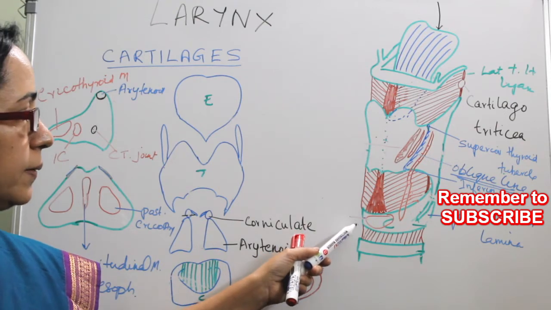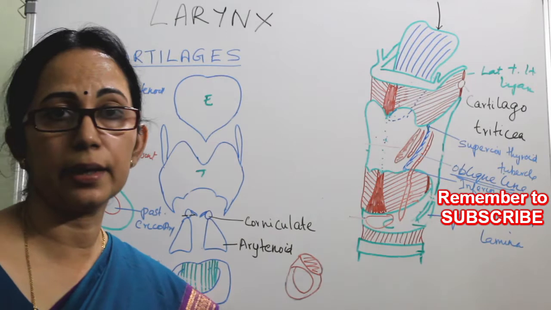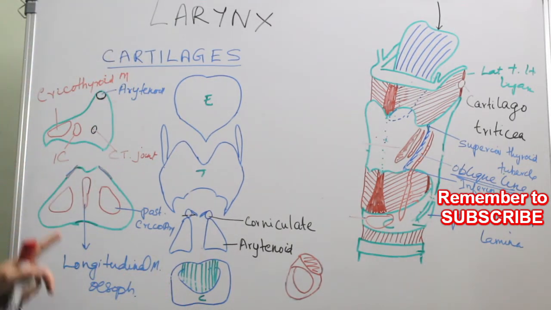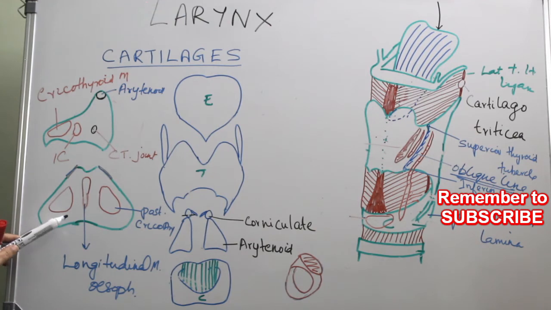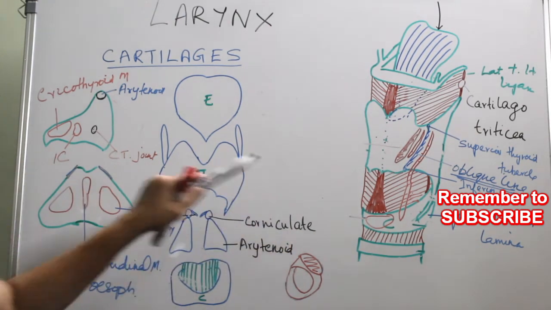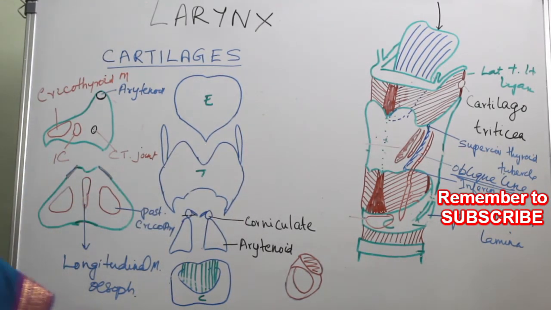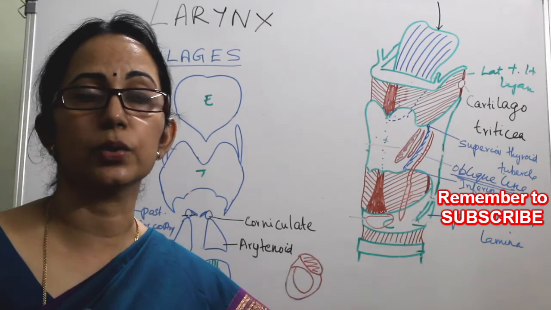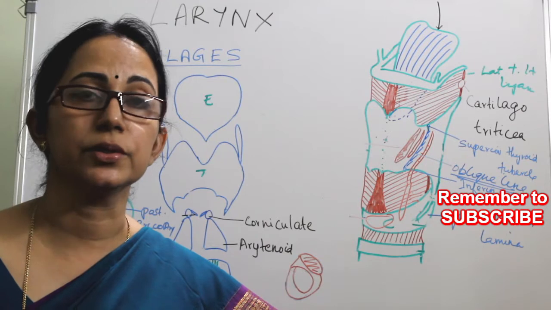It has got an anterior arch and a posterior broad quadrilateral lamina, and the attachments are mainly to the quadrilateral lamina: the longitudinal muscle in the midline vertical ridge, posterior cricoarytenoid on both sides, cricothyroid muscle on the lateral part, and also the inferior constrictor. It articulates with the thyroid and also with the arytenoid, forming the cricothyroid and the cricoarytenoid joint.